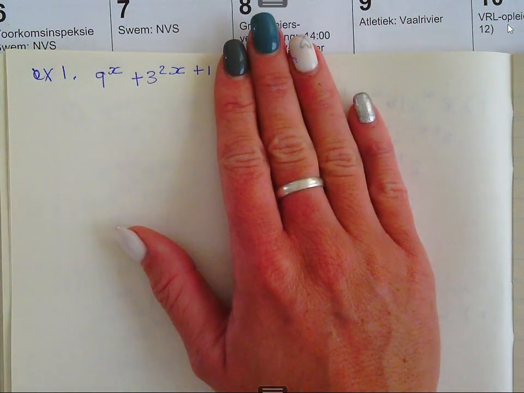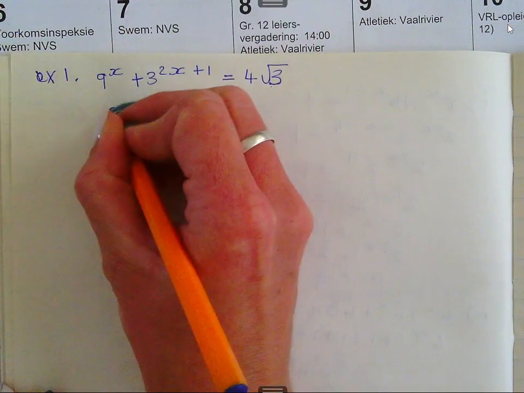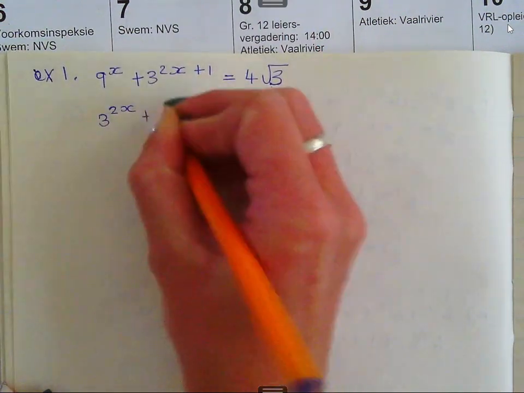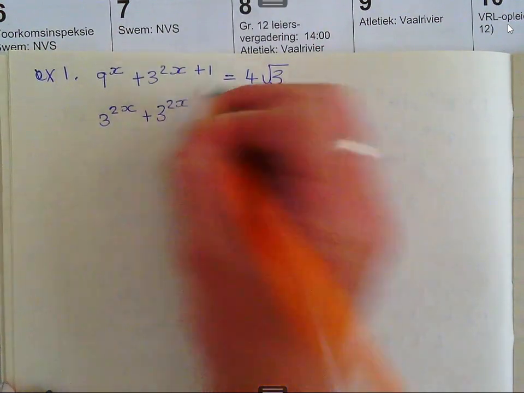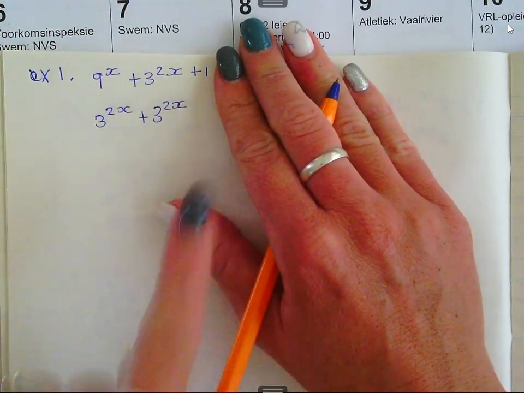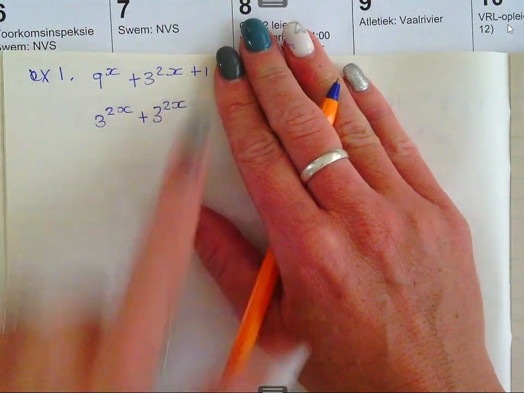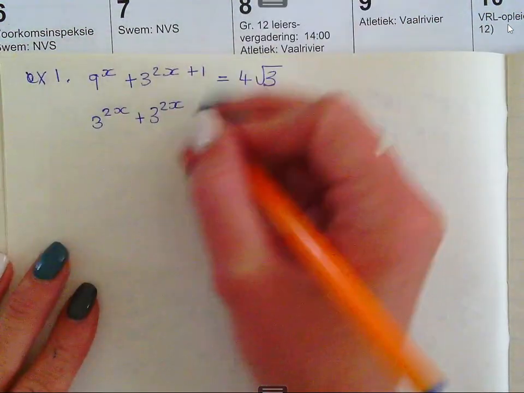How would you start? I would say it is 3 to the power of 2x plus 3 to the power of 2x, and we can leave that 3 to the power of 1, but I think we could rather take it to 3 to the power of 1, which is just 3.